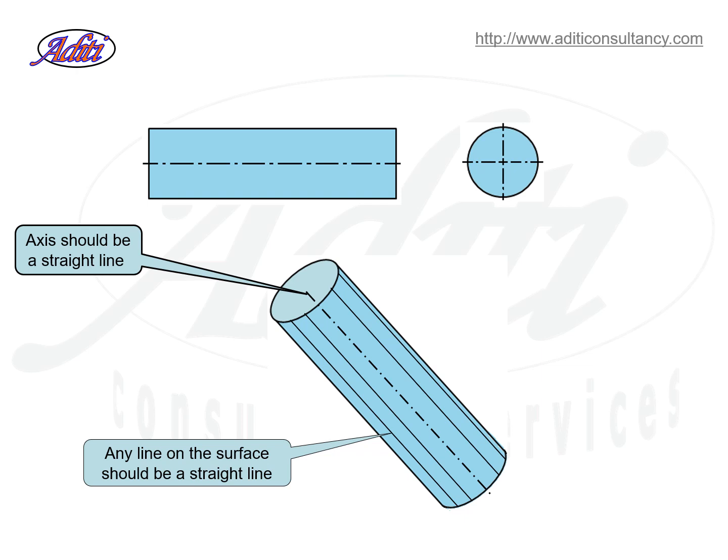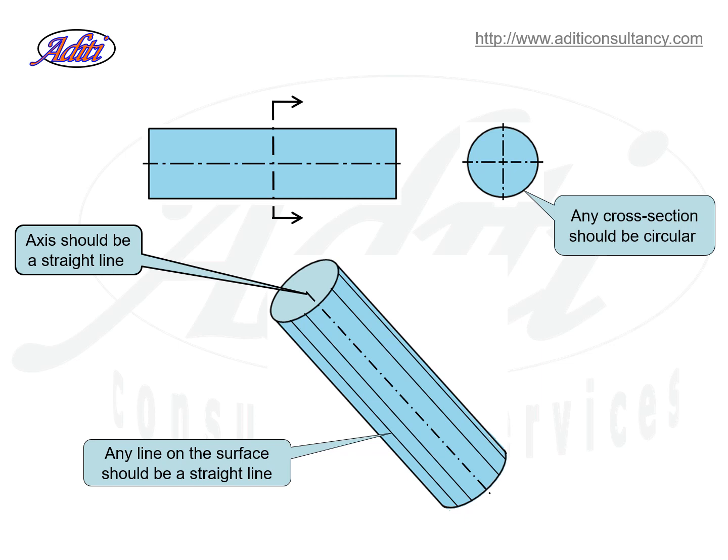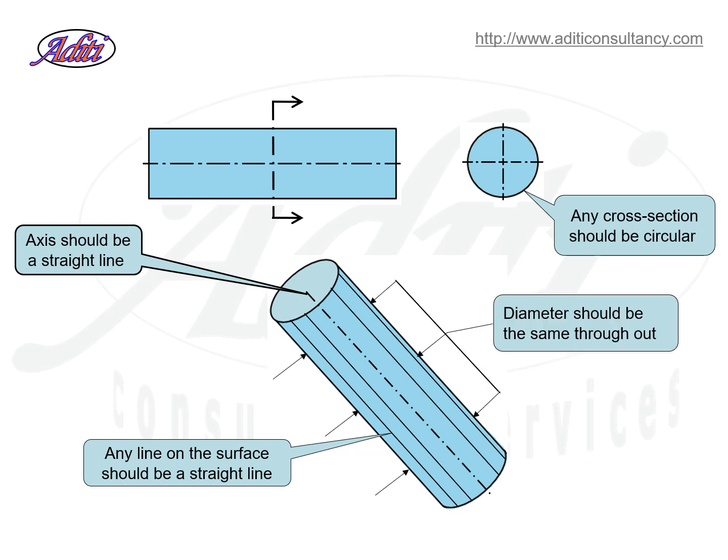If you measure circularity at any cross section, at all the cross sections the error should be 0. And if you measure diameter of the cylinder at different locations, all values should be same, means there should not be any variation in diameter. So when you say a part is perfectly cylindrical, basically you are trying to control all these errors.